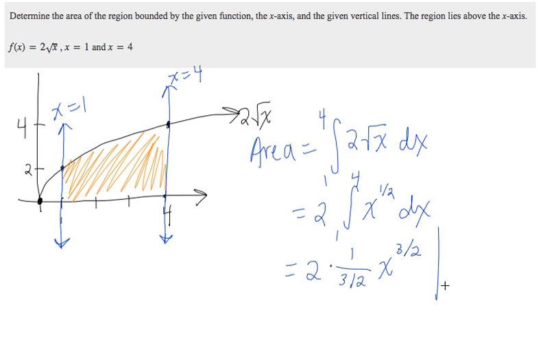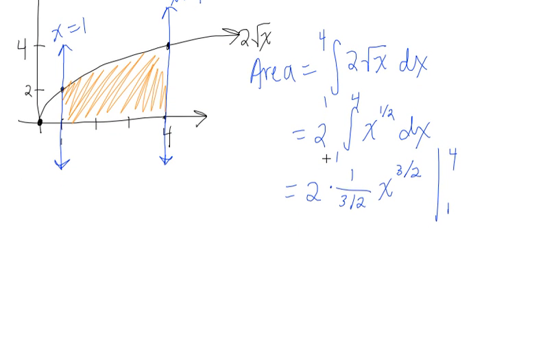And we're going to go from 1 to 4. Now you can put a parenthesis right here if you want to, but it really doesn't matter. Now we plug in the upper limit minus the lower limit. Actually, let's just simplify before we plug in the limits, because I don't like having little fractions within fractions.